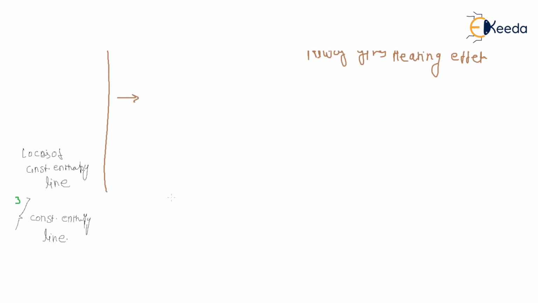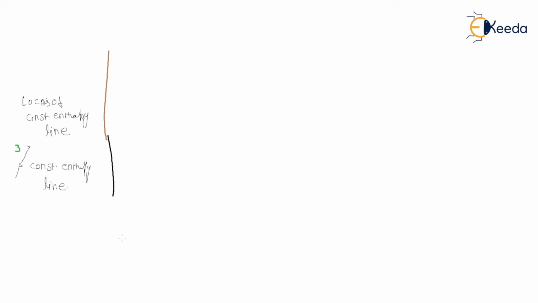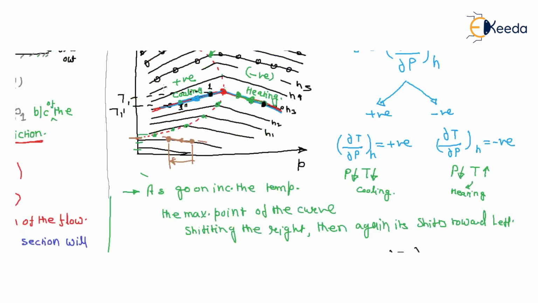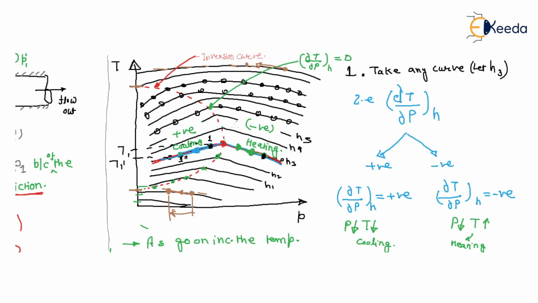Now, next, very important. If we want the maximum cooling effect due to throttling, then our initial point should be at the inversion curve.